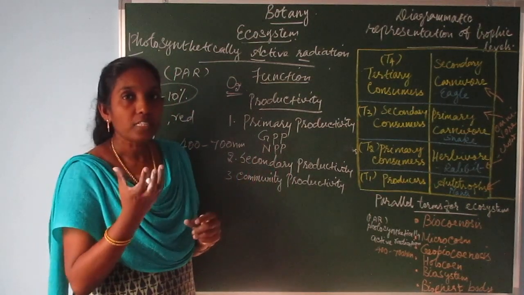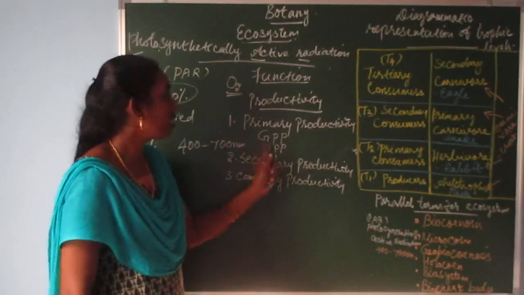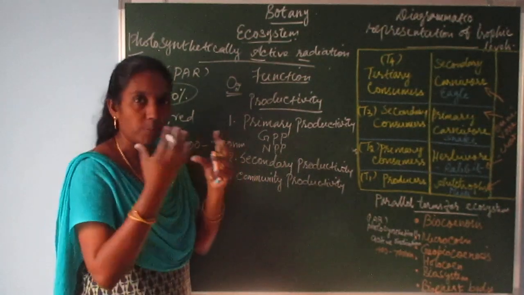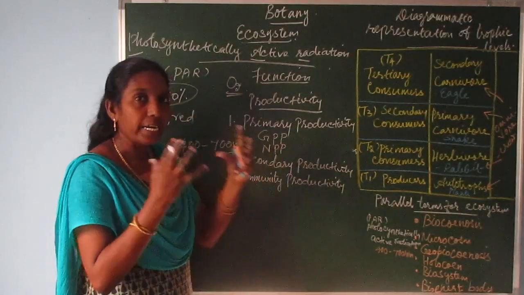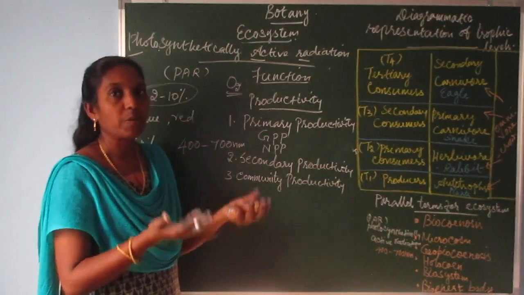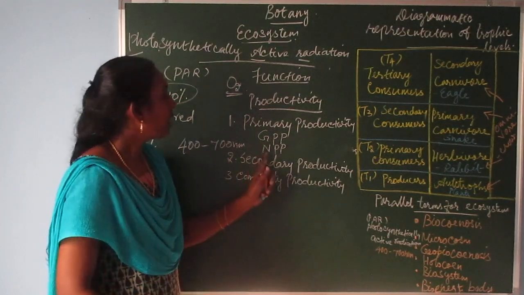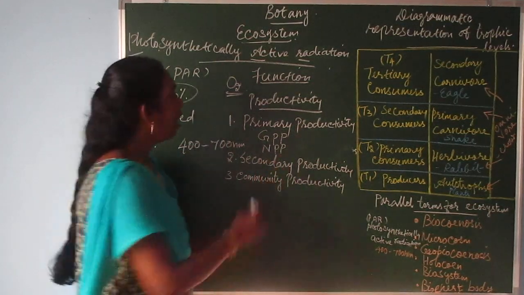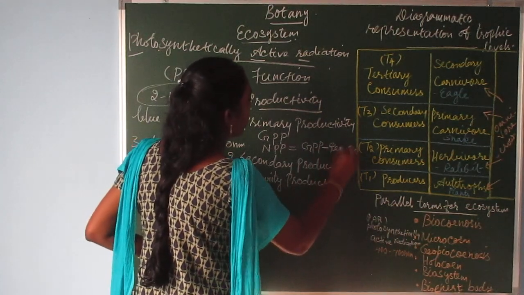The gross means the total amount of energy or biomass, called gross primary productivity. Primary productivity is the energy produced by autotrophs. This energy is utilized by living organisms. By respiration, some amount of energy is lost. So NPP, the net primary productivity, is equal to GPP minus respiration.